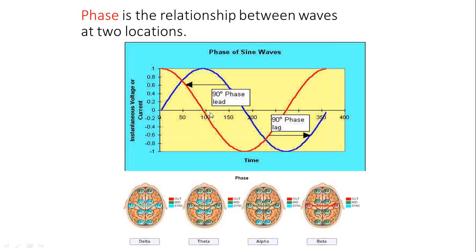So you have phase lead, where one, the blue, leads the red in time, and then you have phase lag, where the red lags the blue in time. And so we calculate that with degrees. That's just a standard mathematical procedure for comparison purposes.